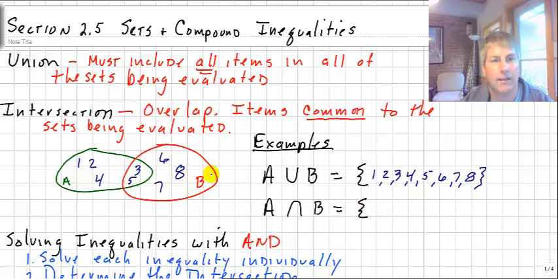Whereas the intersection is a little different. The intersection is the overlap of those two sets. So the overlap is just 3 and 5. The intersection of set A and set B is just the numbers 3 and 5.